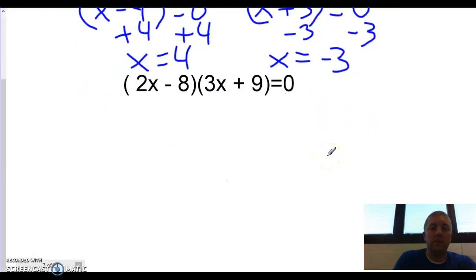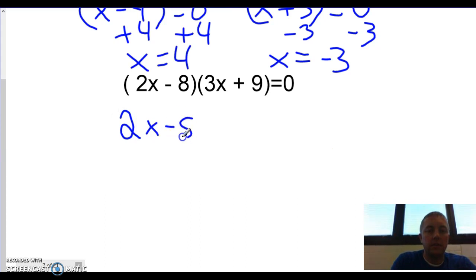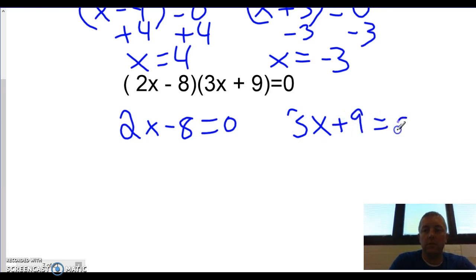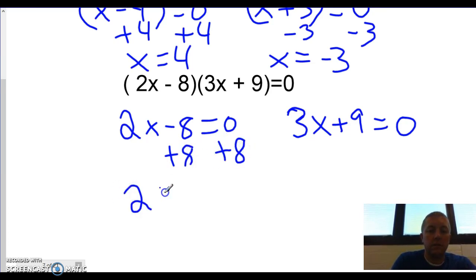Next set, okay, it's been factored for us. 2x minus 8 equals 0. 3x plus 9 equals 0. Okay, solve each equation individually. So on this one, I'd add 8 first. I'm left with 2x equals 8. Divide by 2.